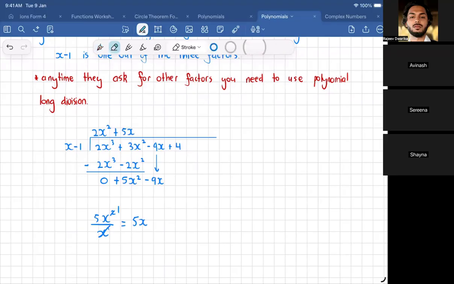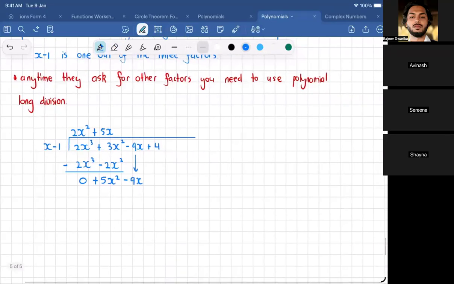Yes, sir. Okay. I'll put the working to the side. So the first one would be 2x cubed all over x. As you can see, we have x to the power 3, which means 3 x's on top. And in the bottom, we have 1x. So it would cancel off with one of the x's on top, and that would leave you with 2x squared. You understand that?